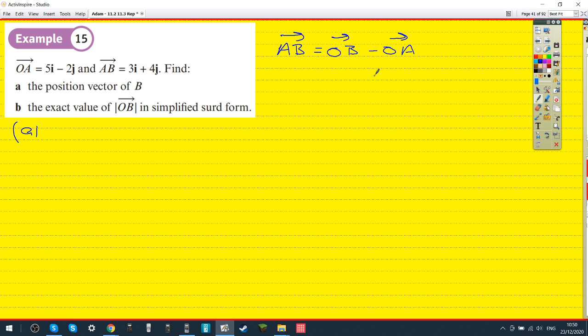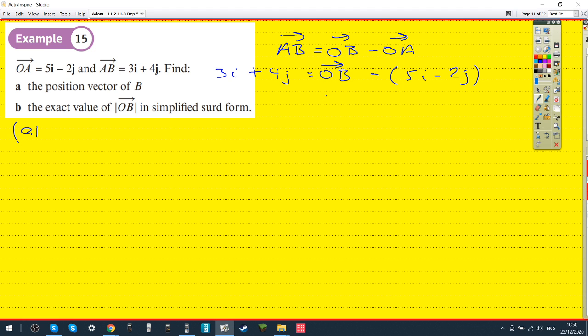What is AB? AB is 3I plus 4J. And then do we just want OB on one side?